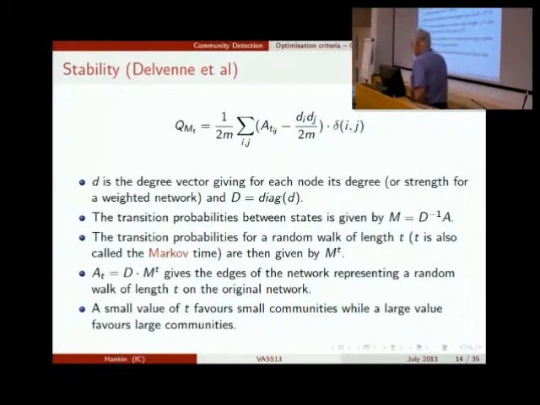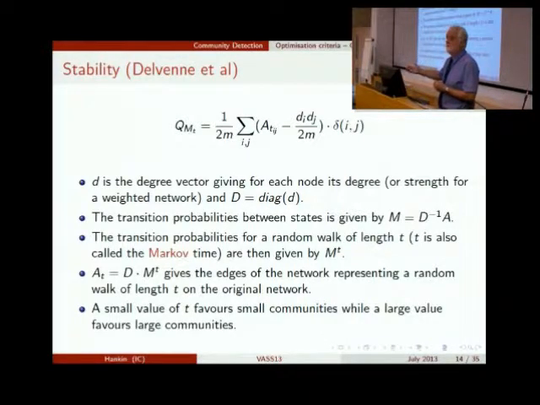The stability measure is really, once you've assigned nodes to a particular community within a network, measuring the chance that, as you iterate over Markov time, they actually stay within the community to which you've assigned them. So that's what stability is.